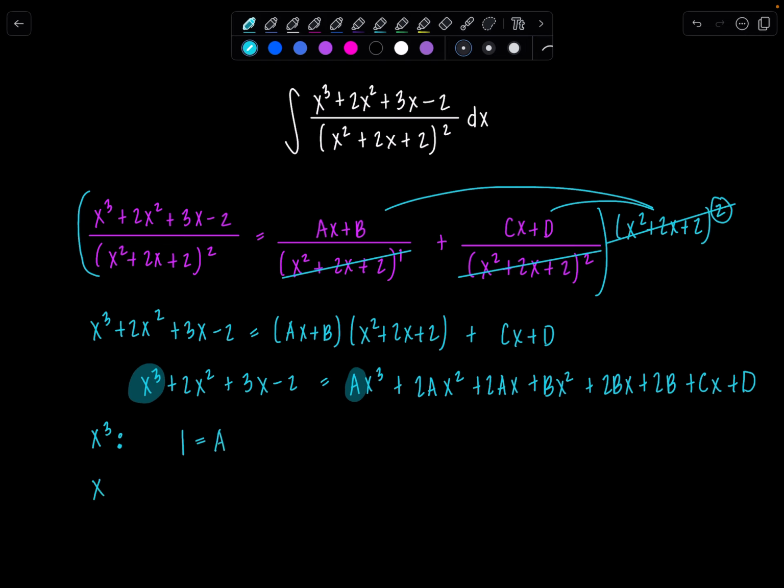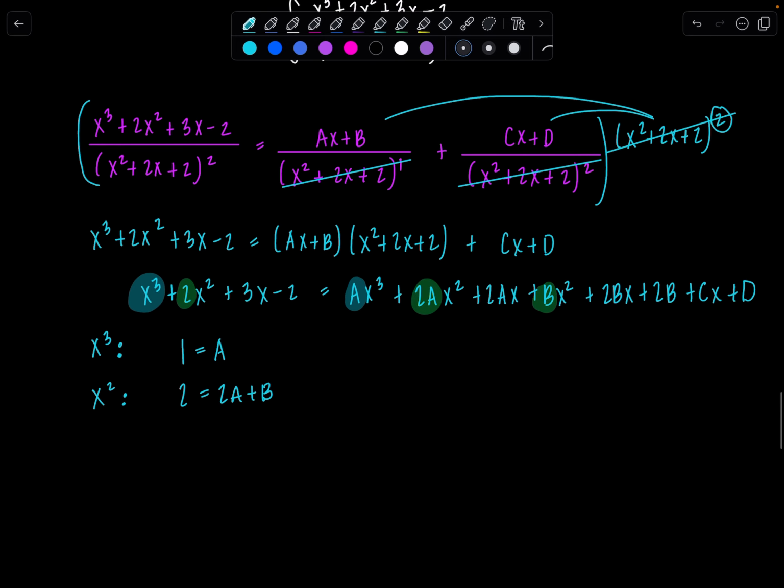Now let's work our way down. For x squared, the coefficient on the left is 2, and on the right I have 2a plus b. So 2 equals 2a plus b. Continuing the process, for x to the first, we have 3 on the left, and 2a plus 2b plus c on the right.